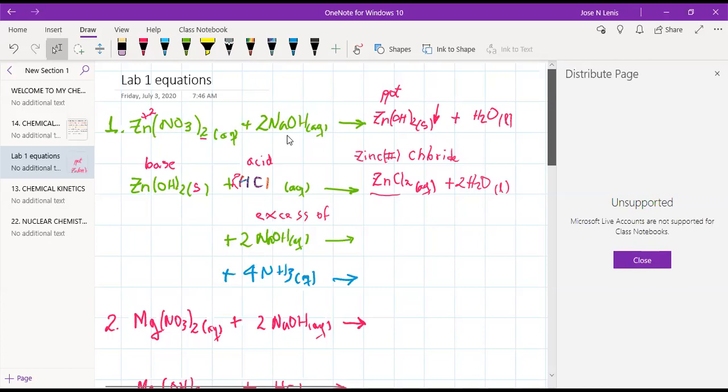Common sense says that if in the first reaction we add a few drops of sodium hydroxide to the soluble zinc nitrate and form the insoluble zinc 2 hydroxide, then we expect to get even more solid when we add more sodium hydroxide.